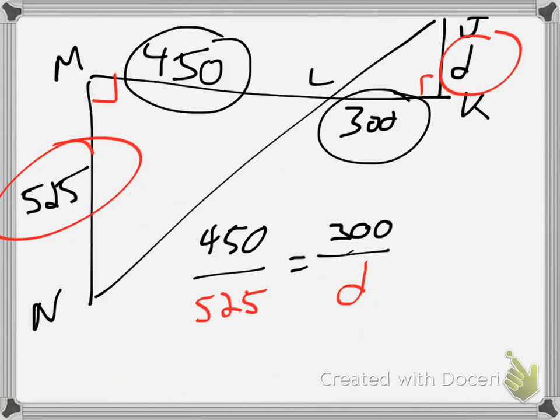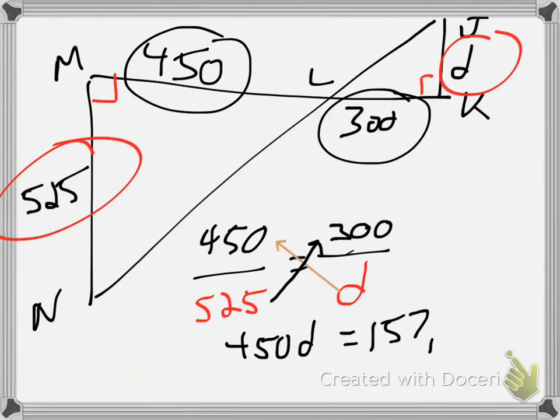Now that I have it set up, I can cross multiply. So let me cross multiply on this one. D times 450 is 450D. 525 times 300 is 157,500.